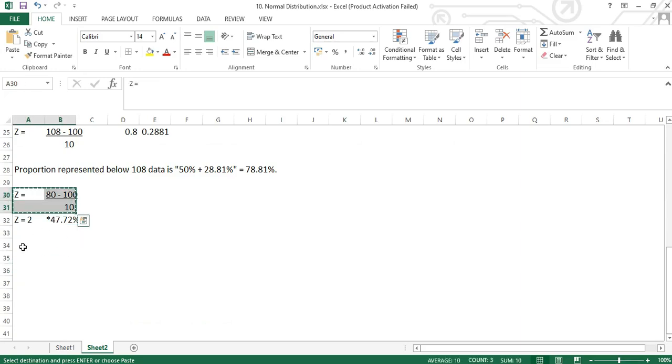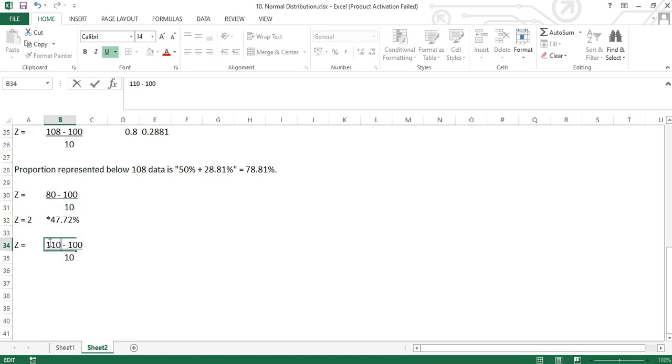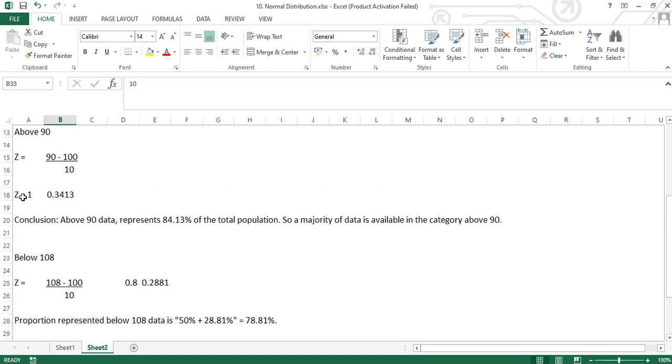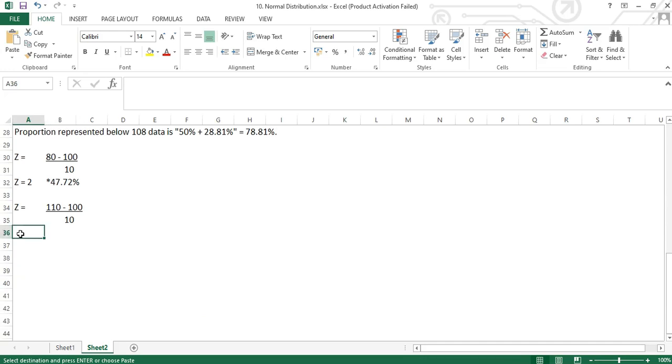Same thing when it is 110, what's the proportion? 110 minus 100 is 10. Divide by 10, Z equals 1. And we had found it previously as well. So it is still 34.13%. I'm going to put it in percentage terms.